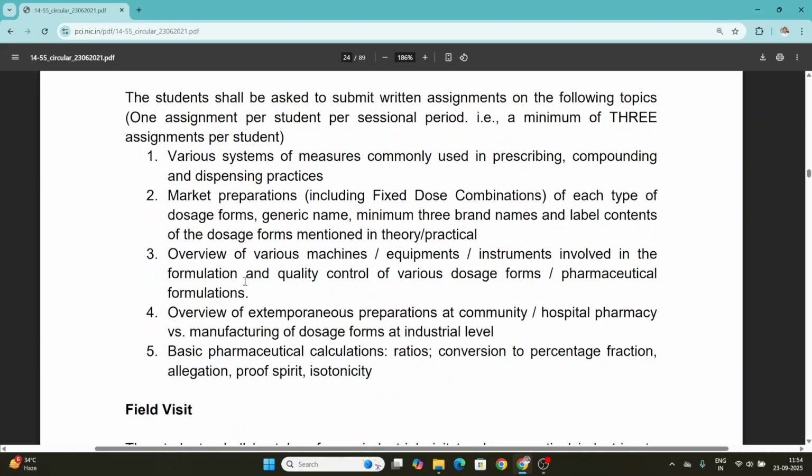Overview of various machines, equipments, instruments involved in the formulations and quality control of various dosage form pharmaceutical formulations. Overview of extemporaneous preparations at community hospital pharmacy versus manufacturing of dosage forms at industrial level. Basic pharmaceutical calculations, ratios, conversions to percentage fraction, alligations, proof spirit and isotonicity.